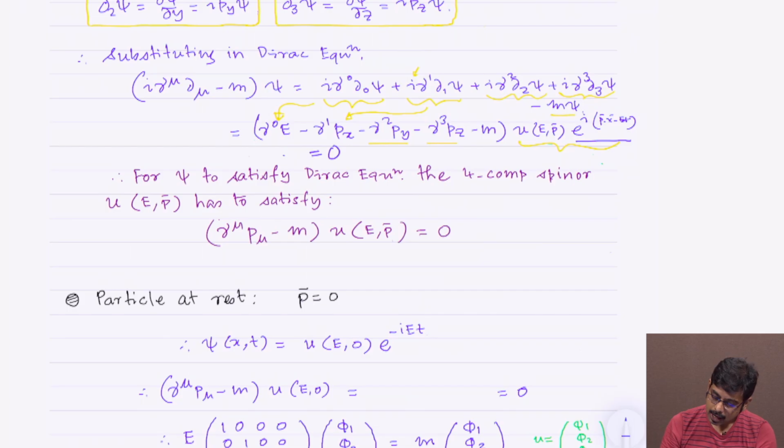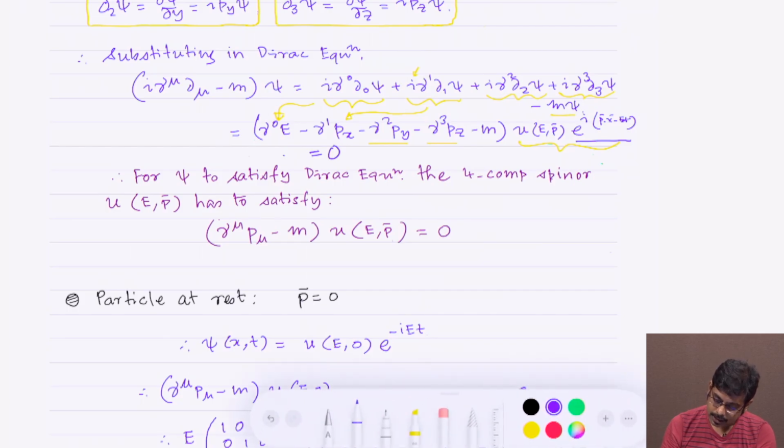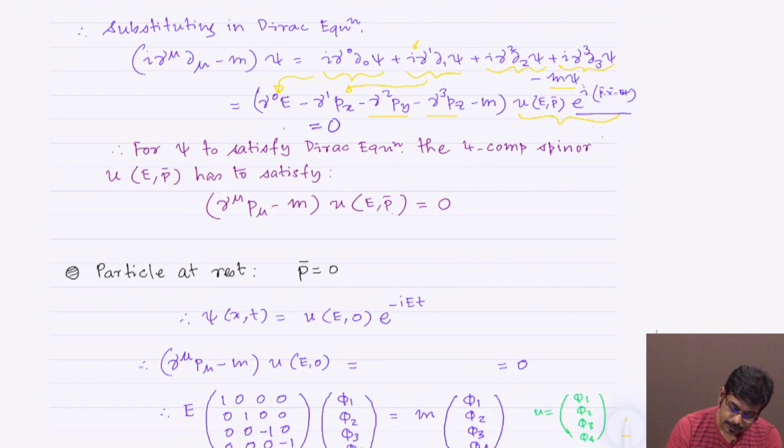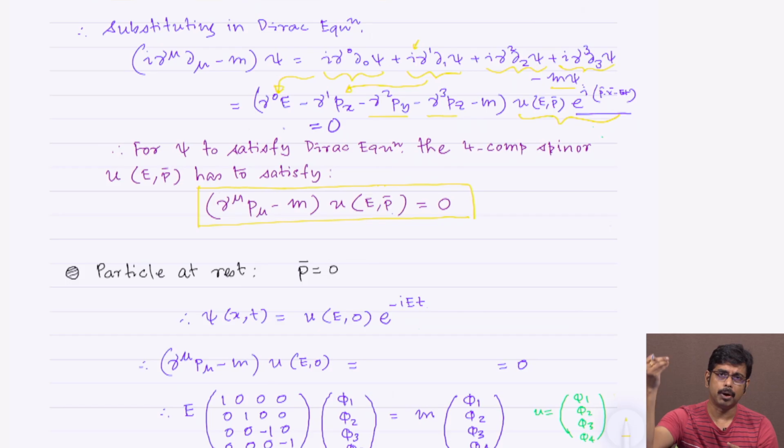So, therefore, this equation is turning out to be something which is very simple and very elegant, and it says that (gamma mu p mu minus m) acting on this spinor u(E,p) equal to 0 is the reduced form when we rewrite the solution of the Dirac equation in terms of u(E,p) into the e to the power i(p.x minus Et), right.